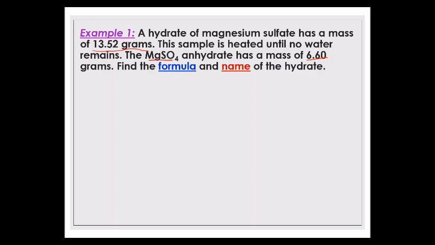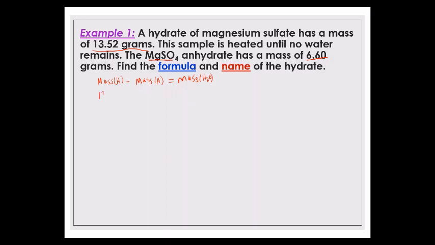All right, so the first thing, once again, is the mass of our hydrate, I'm just going to use H, minus the mass of the anhydrate. That should give us the mass of the water. So that's a pretty simple step.